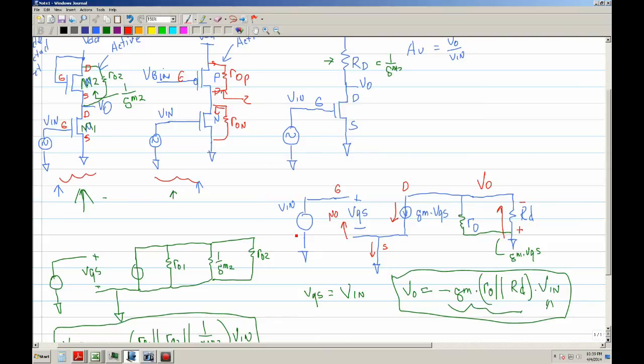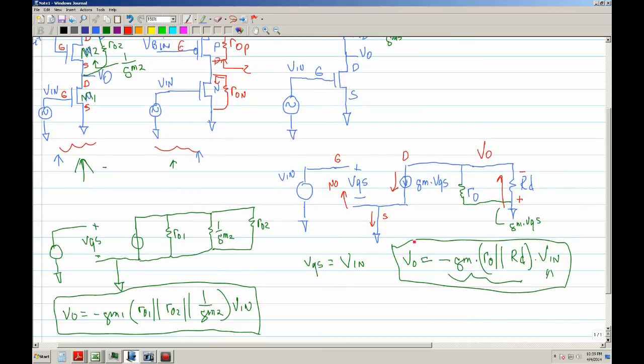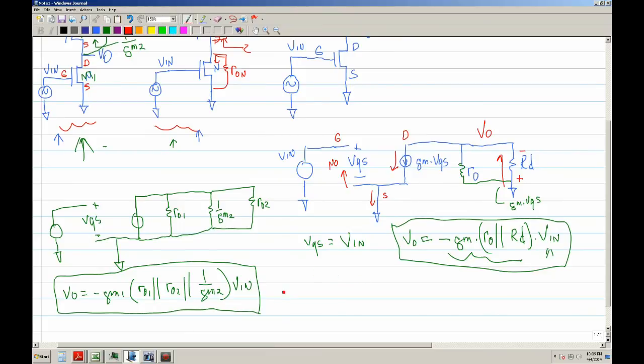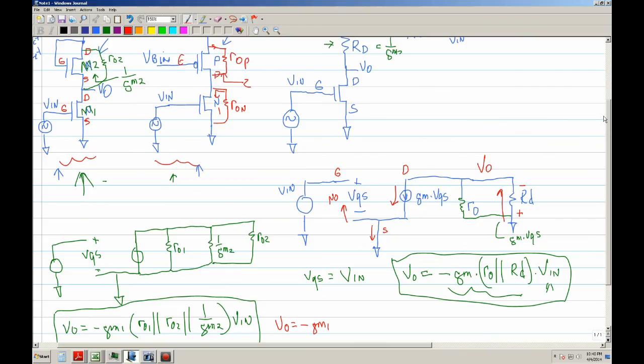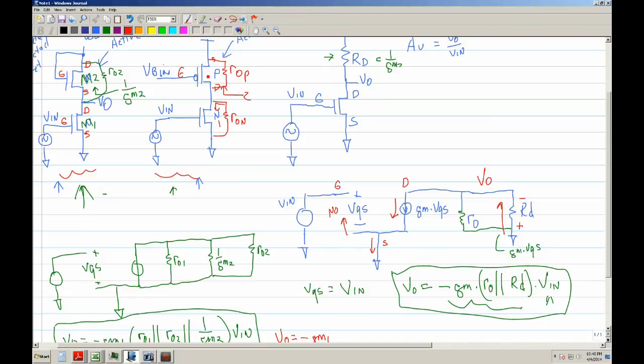So the equation for that is very similar. It's the same form. It'd be Vout, and we'll say it's gm1. I'll say that this is MOSFET 1, and this we'll say is MOSFET 2.